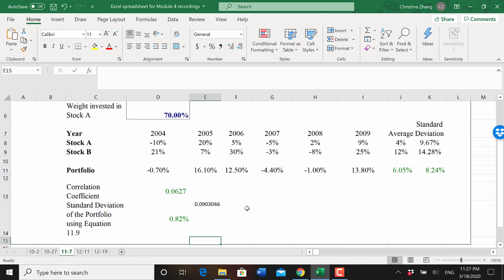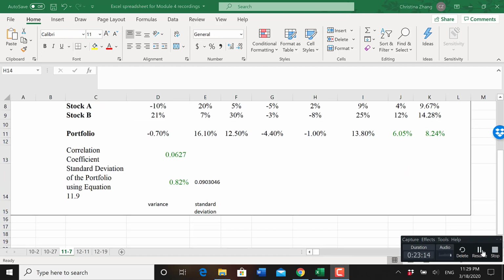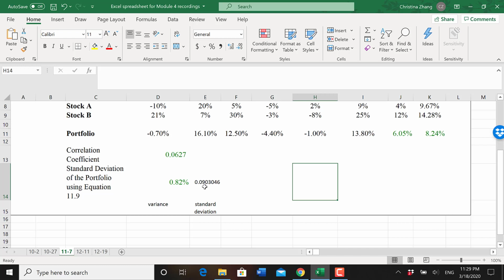Okay, so the number is going to be pretty close. Now you look at the number: this is the standard deviation I obtained using the formula, the two-asset portfolio variance formula, and from there I get the standard deviation of the two-asset portfolio.